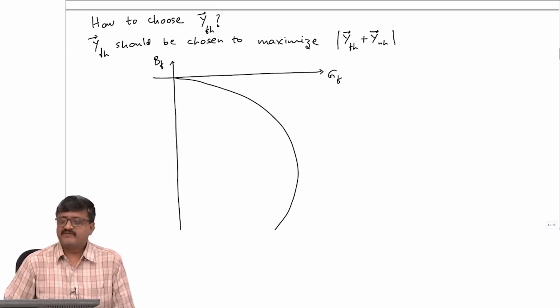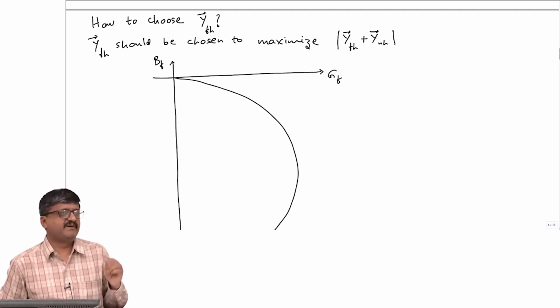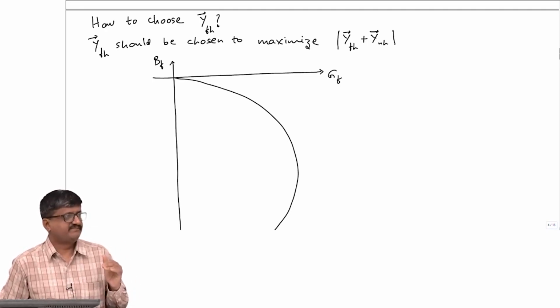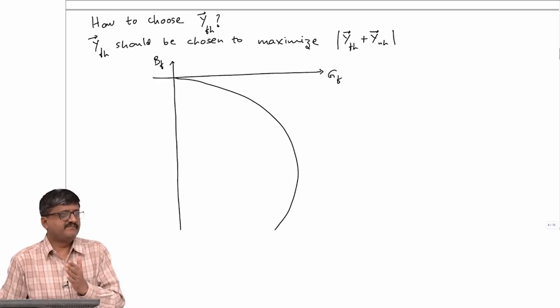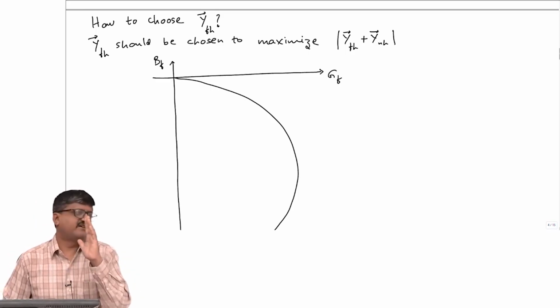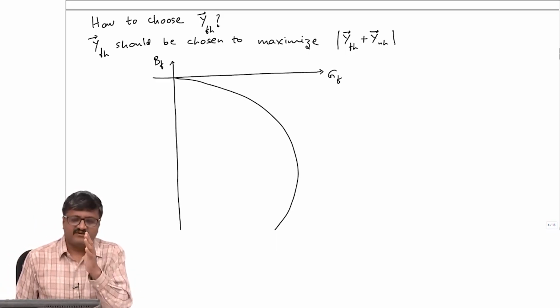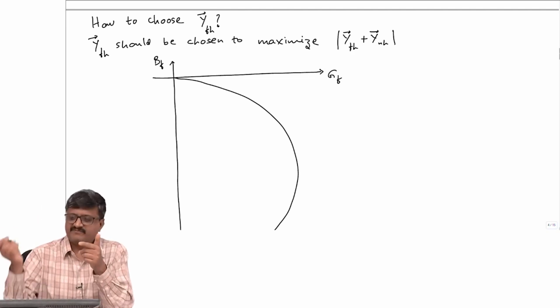See, one point to notice, this complex number y of h plus y n h is always perpendicular to the boundary. Now, as the boundary goes further from the origin, we get a higher value of the absolute value of y of h plus y n h.